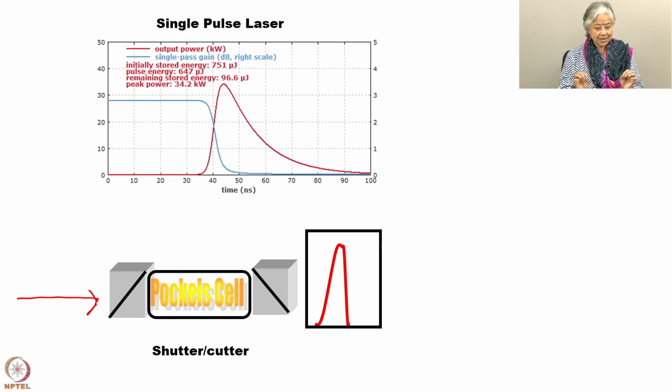Here I will just give you a hint before I come to exactly how it works. The polarizer allows only one polarization of this laser pulse to pass through. It goes through this Pockels cell, where the polarization undergoes some changes. Suppose it was horizontal, it becomes vertical, and this shutter does not allow the vertical part to go through.